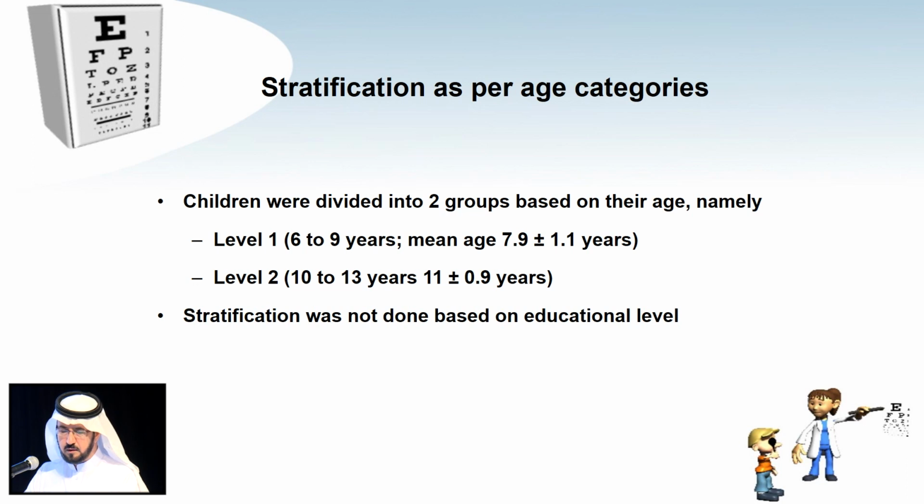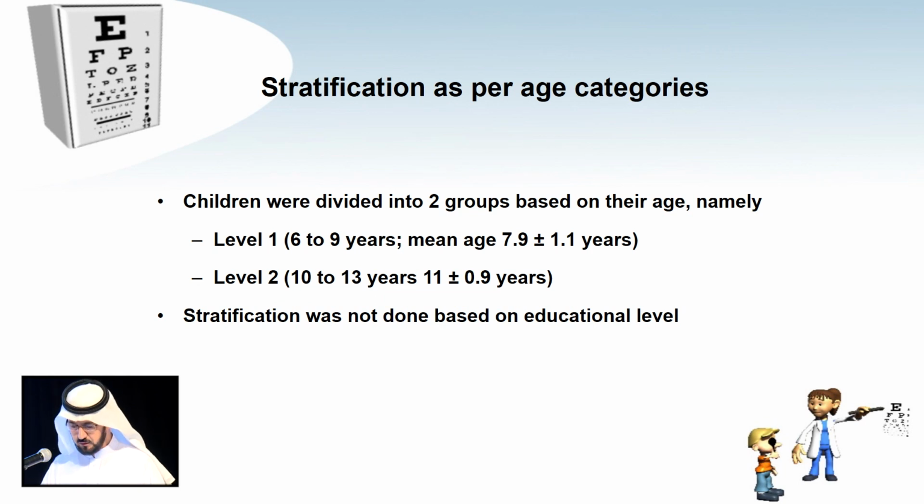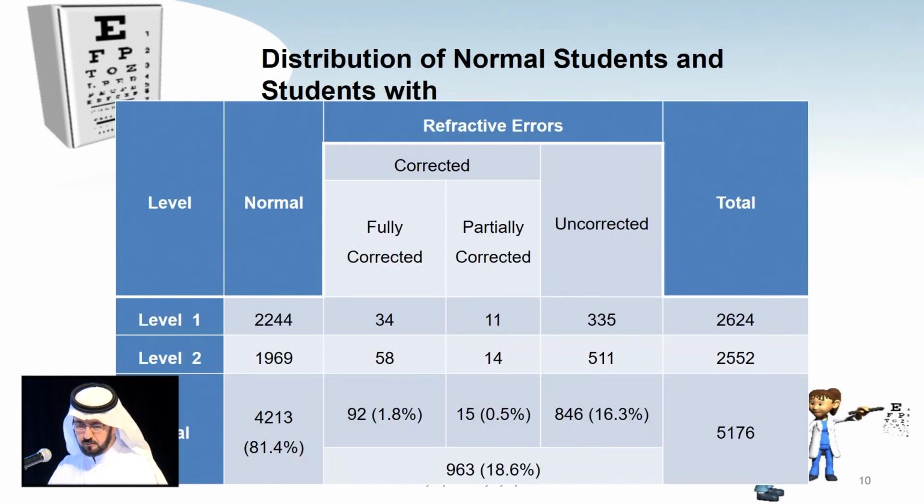Children were divided into 2 groups: ages 6 to 9 as level 1 or group 1, and level 2 from 10 to 13. Stratification was not done based on educational level, so we concentrate on age more than education.